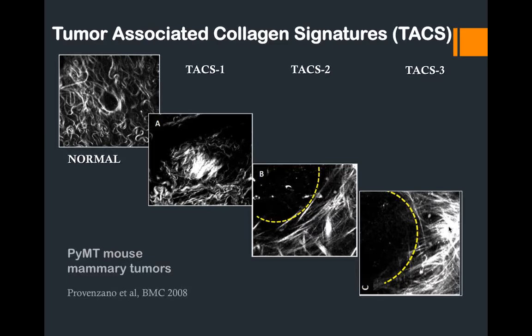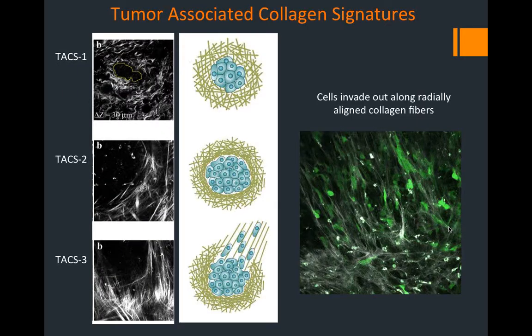And so our lab has this model that as cancer is progressing and growing, we can use this as a biomarker to predict and/or study how collagen interacts with the tumor microenvironment. And we think that TACS3 might be a superhighway for cells to move away from the tumor into the stroma itself.